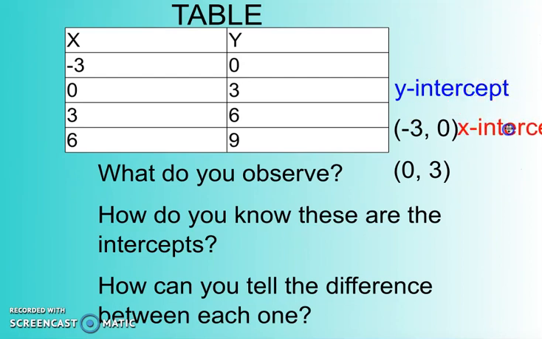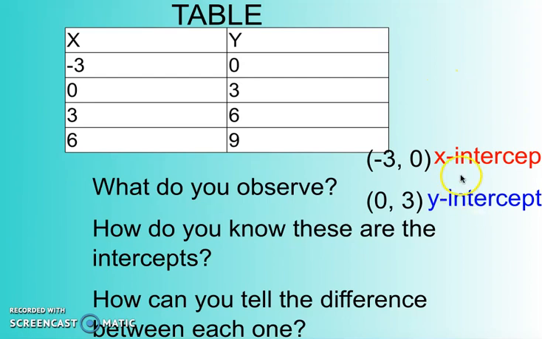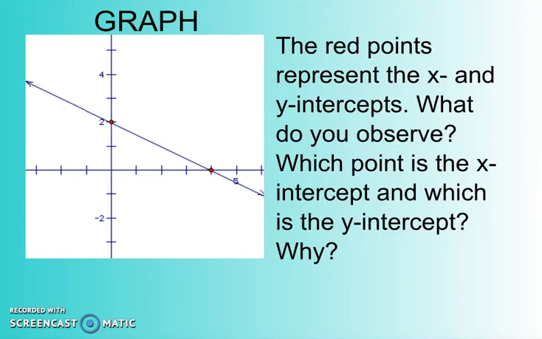So this is my x-intercept, just so you can see this, and then this is my y-intercept. Okay, so for the x-intercept, we're looking for the y-coordinate as 0; for the y-intercept, we're looking for the x-coordinate as 0.